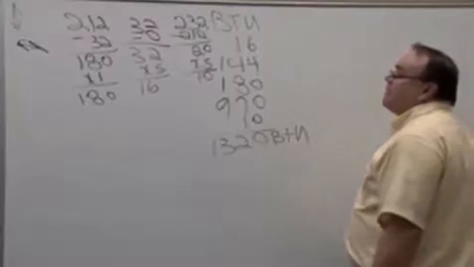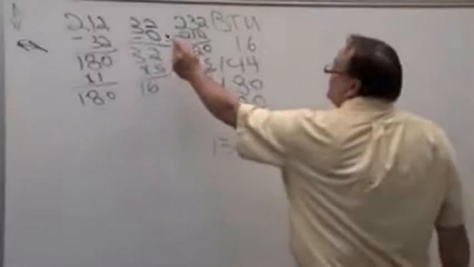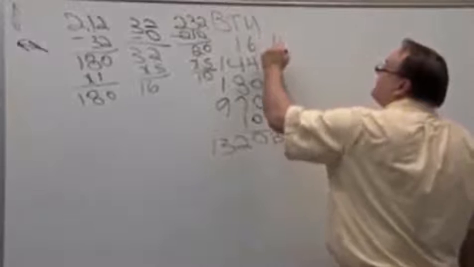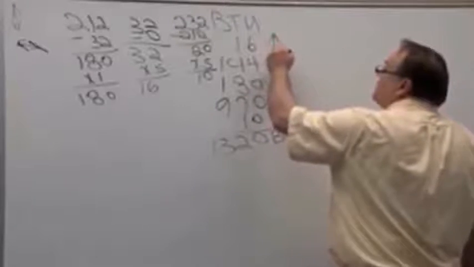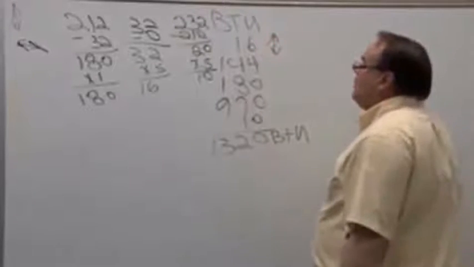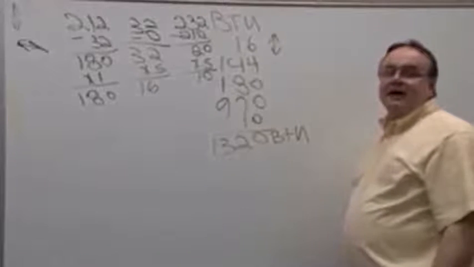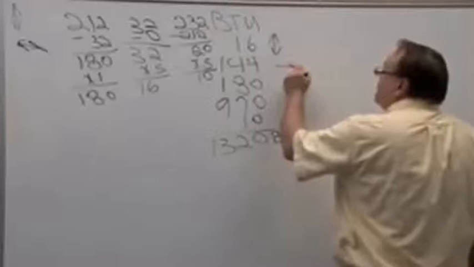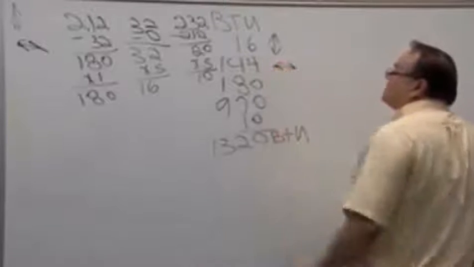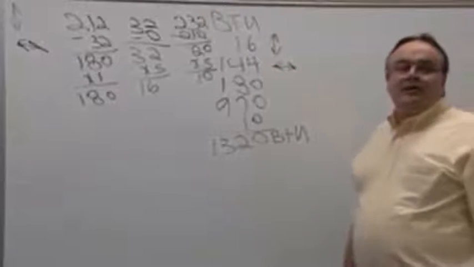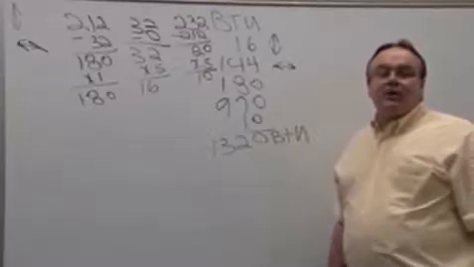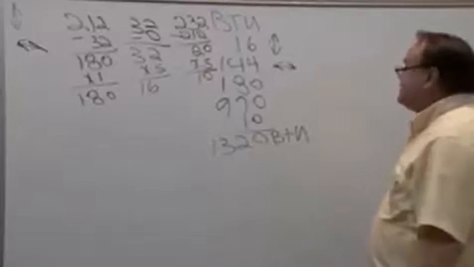The first step is we took our ice from 0, brought it up to the melting point of 32. That was a sensible change. We then took that pound of ice and melted it into a pound of ice water. That's a latent change. There's no change in temperature. There's a change in state. We then took that 32 degree ice water and brought it up to the boiling point of 212 degrees.